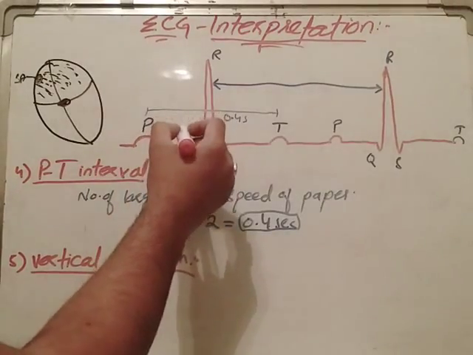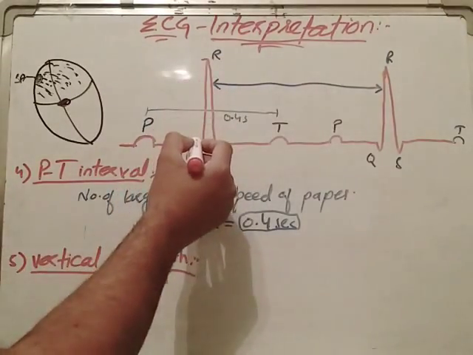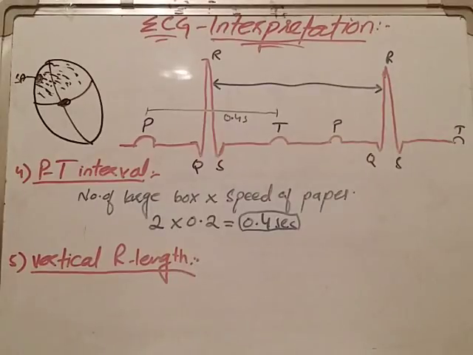For example, from here to here we get 15 small boxes. So number of small boxes multiplied by millimeter, because one small box is equal to 1 millimeter in a vertical position.